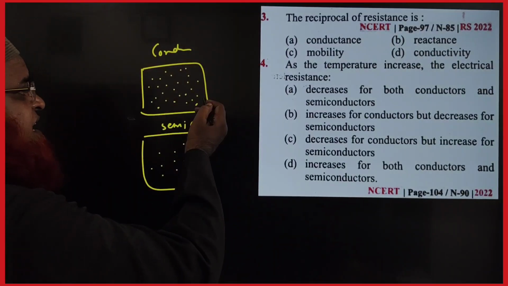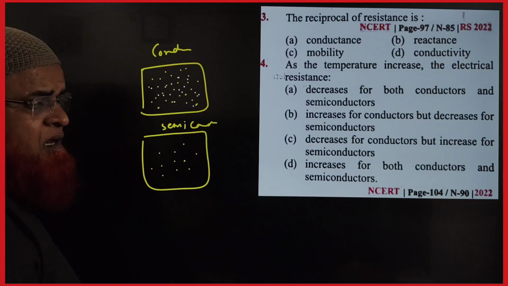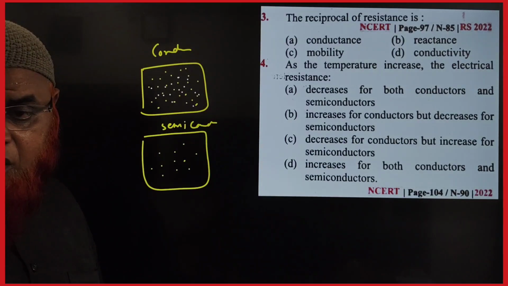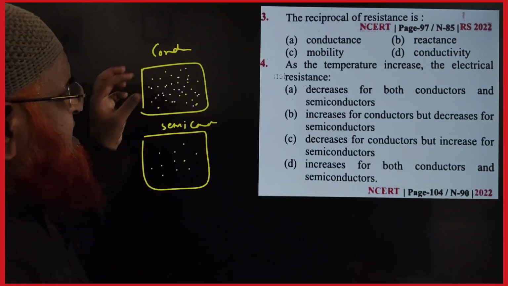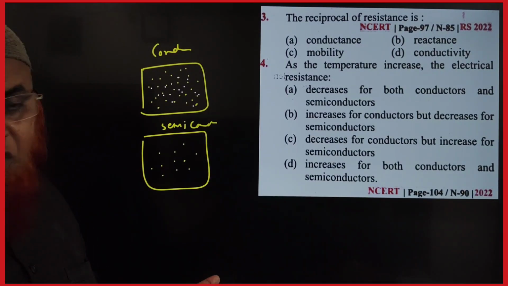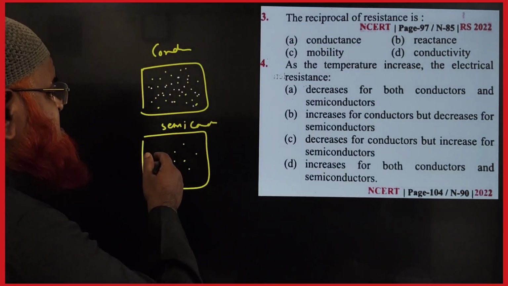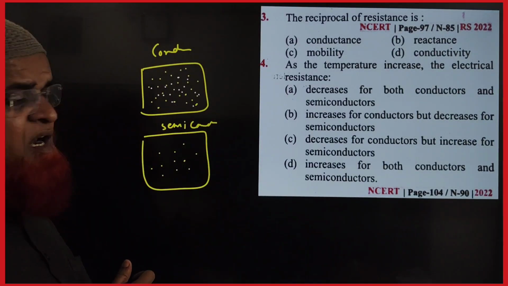So the population of electrons also increases. Traffic will be more, opposition also more. So when temperature increases in a conductor, resistance increases, because the population increases and it is more difficult for electrons to move. Whereas in a semiconductor, there are very few free electrons.